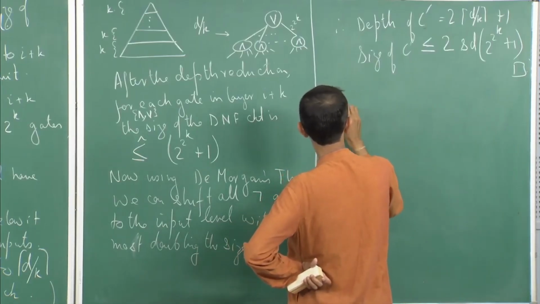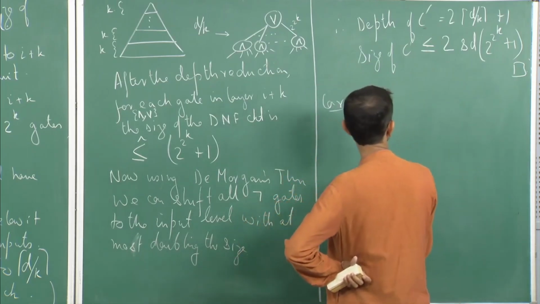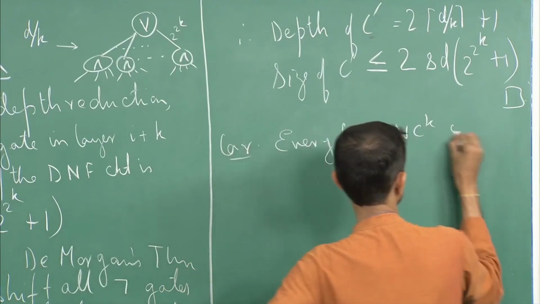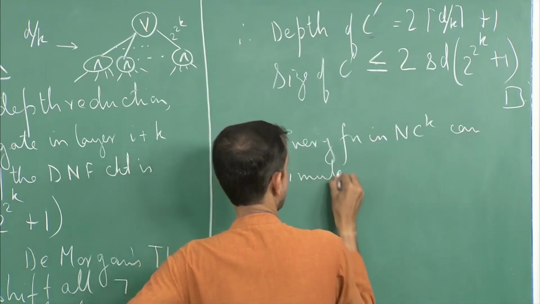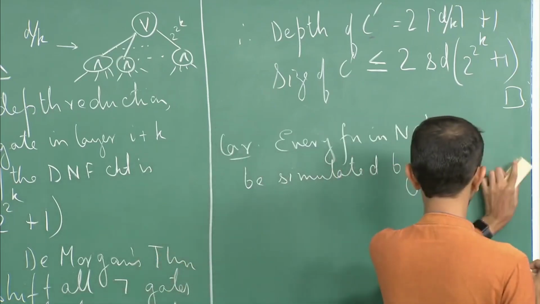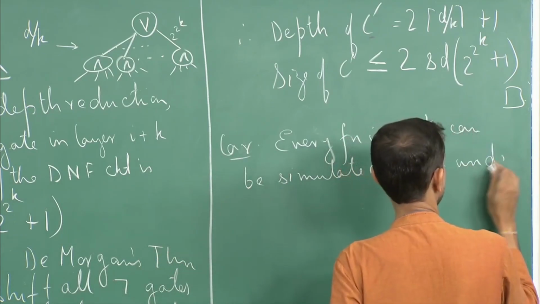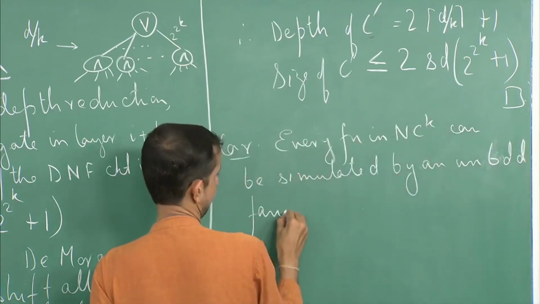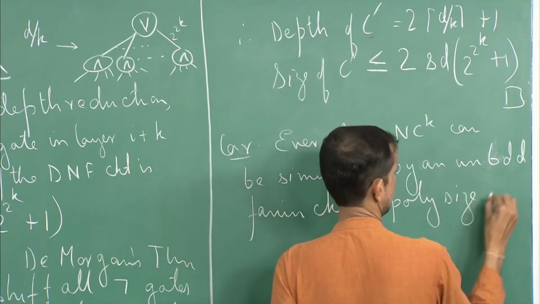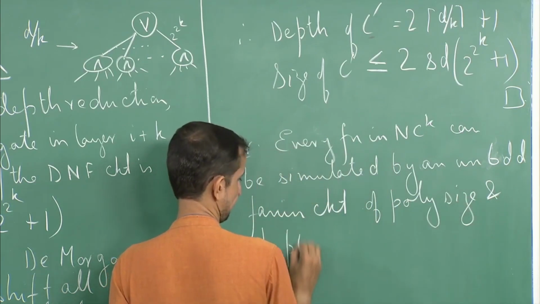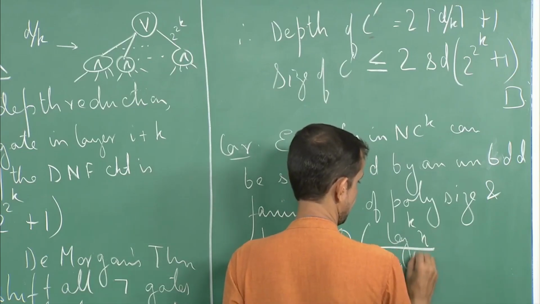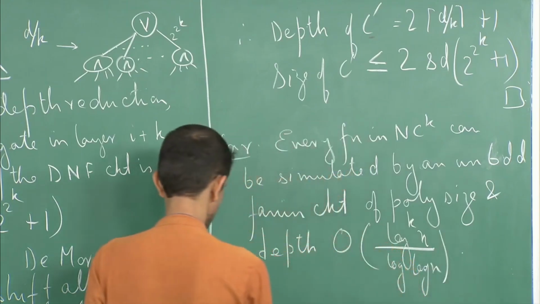Now, as I said last time as well, an immediate corollary is that every function in NC^k can be simulated by an unbounded fan-in circuit of polynomial size and depth order log to the power k n divided by log n, and the proof is very simple.